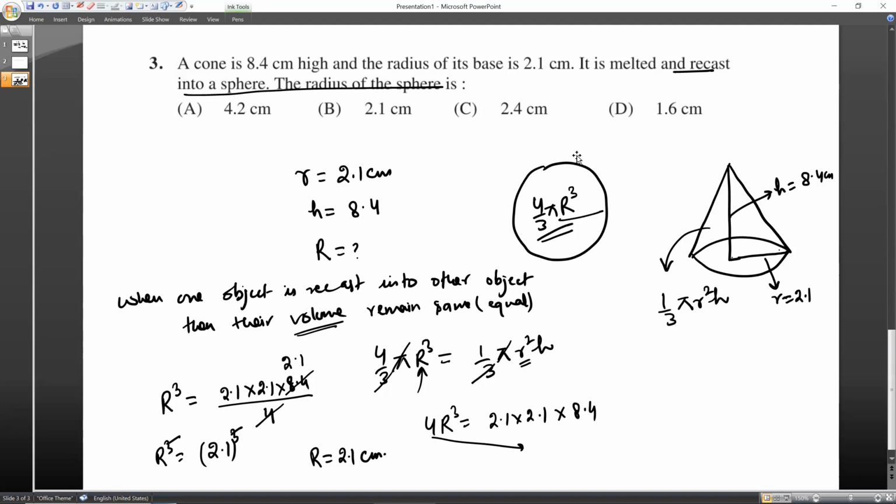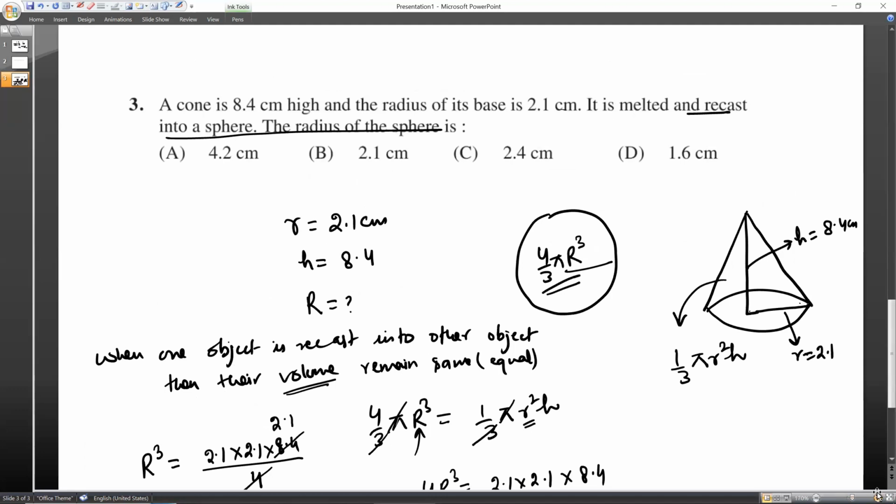No, not this one. Done, copied, Rima? Yes, sir. Okay.